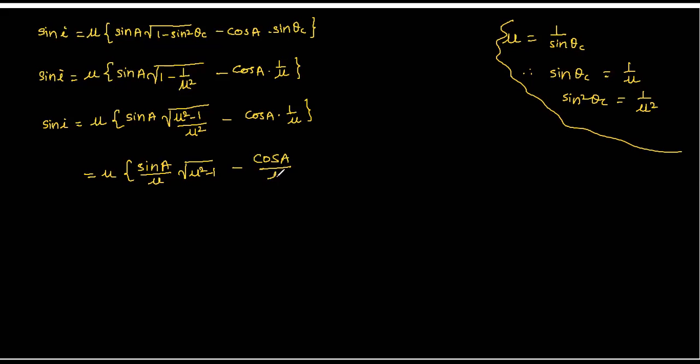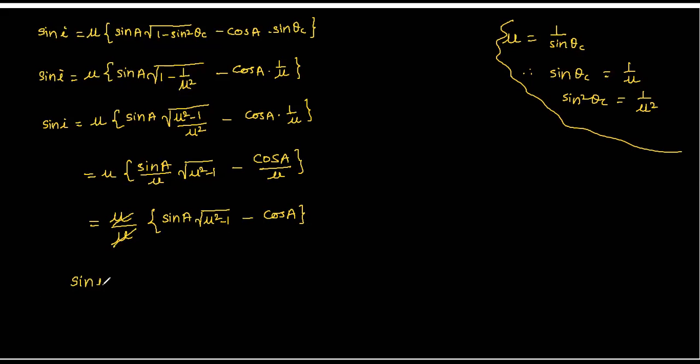Now from this curly bracket, shall I take out common 1 by mu? What is left inside? Sine A under root mu square minus 1 minus cos of A, and this mu will get cancelled.